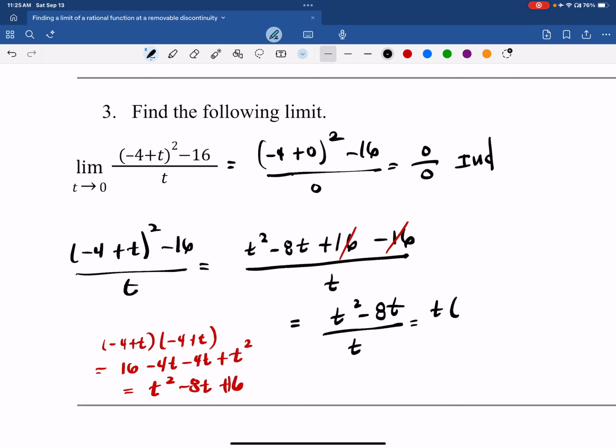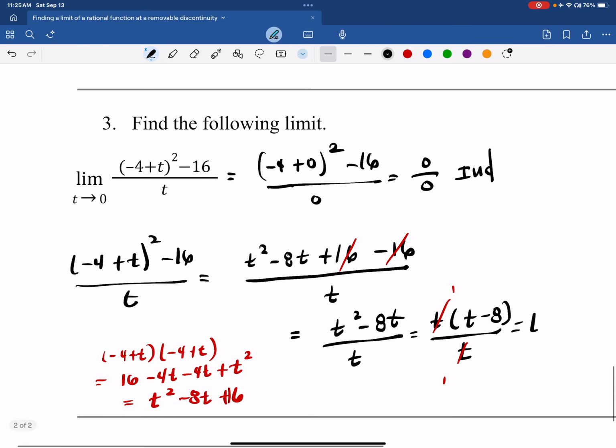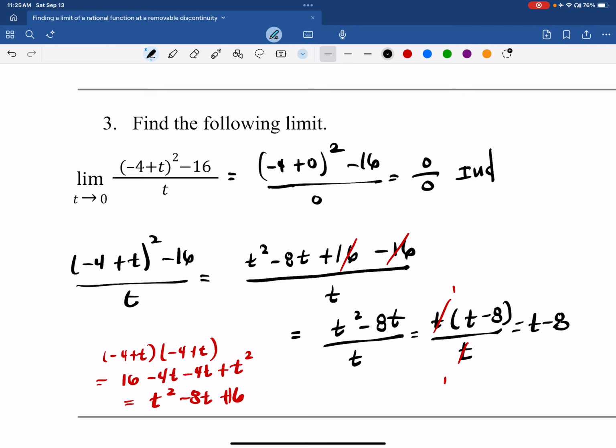So if I factor that out, it would be t times t minus 8. And in the denominator, we have a t. Now that I have common factors, I can go ahead and simplify those common factors into a 1, and I'm left with simply t minus 8. So my original function was the quantity -4 plus t squared minus 16 all over t.